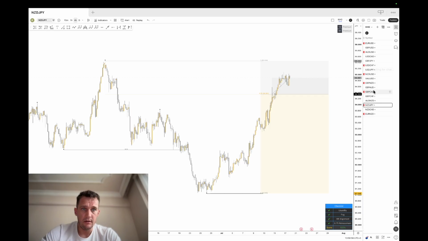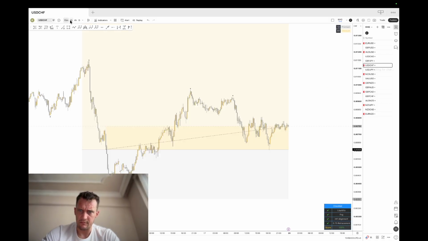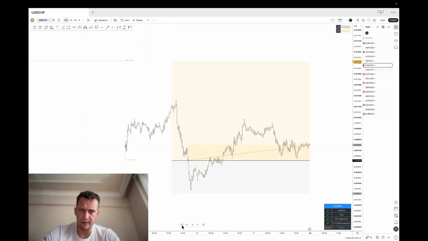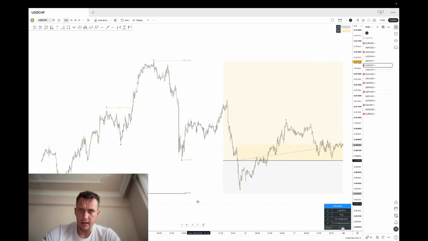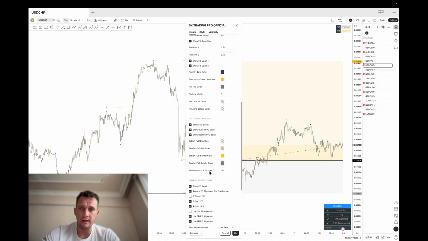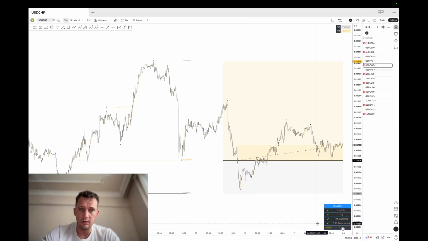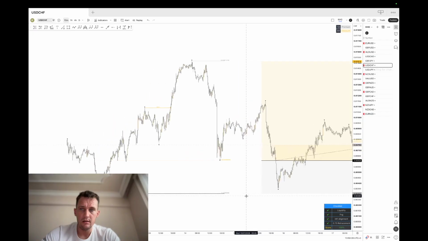So I've coded a system on Pine Script for TradingView, and this pretty much takes a big chunk of stress out of your life. I've literally coded everything that you need, except a couple of things that you need to do yourself, like liquidity.